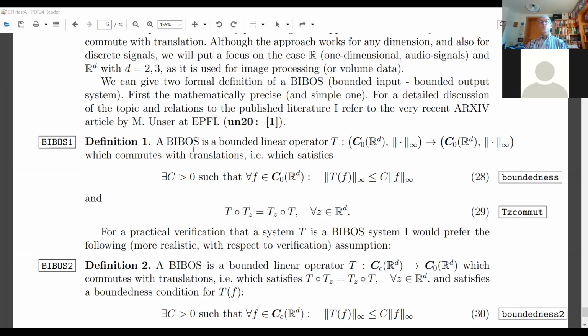But very weak assumptions imply, usually it's called the closed graph theorem, that if for all the elements of this complete space, of this Banach space, the input is bounded and the output is bounded, then you must have such a constant.